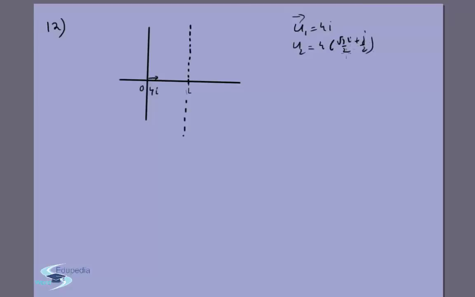This is the unit vector where cos theta is root 3 by 2, so theta is 30 degrees. So it comes out in this direction at 30 degrees. We'll not draw it exactly here, it will be a little higher up if it starts near the x-axis. So this is 4 in the x direction, this is 30 degrees, this is also 4.